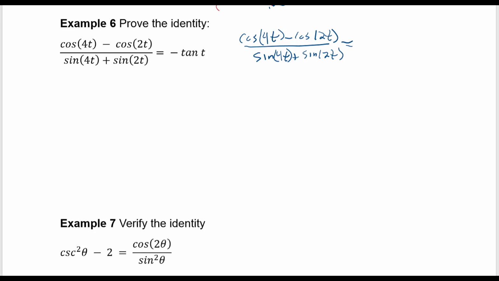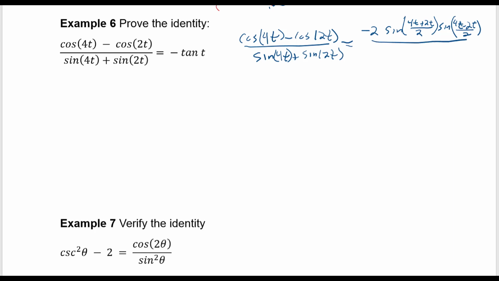That's going to give us, so the top is the cosine one we just did, negative 2 times sine of their sum, 4t plus 2t over 2, times sine of their difference, 4t minus 2t over 2.